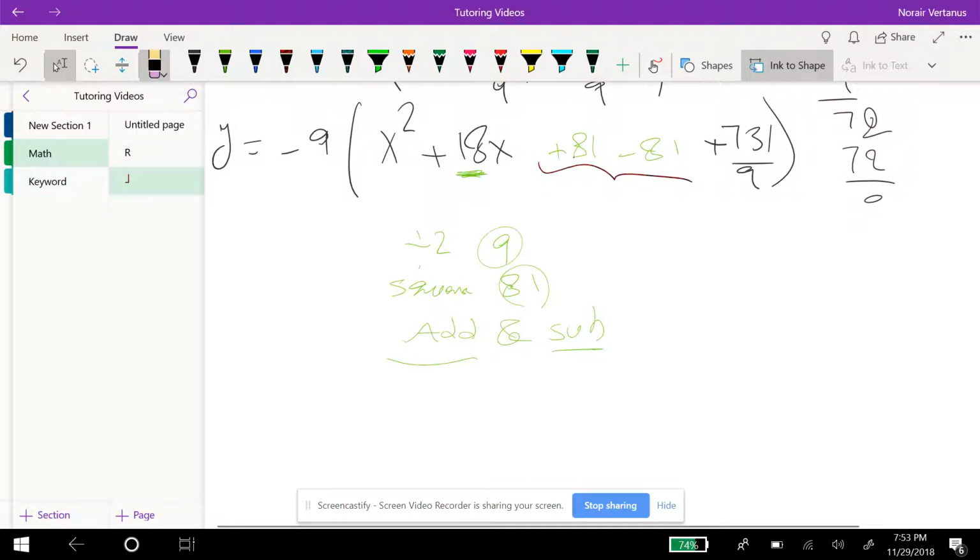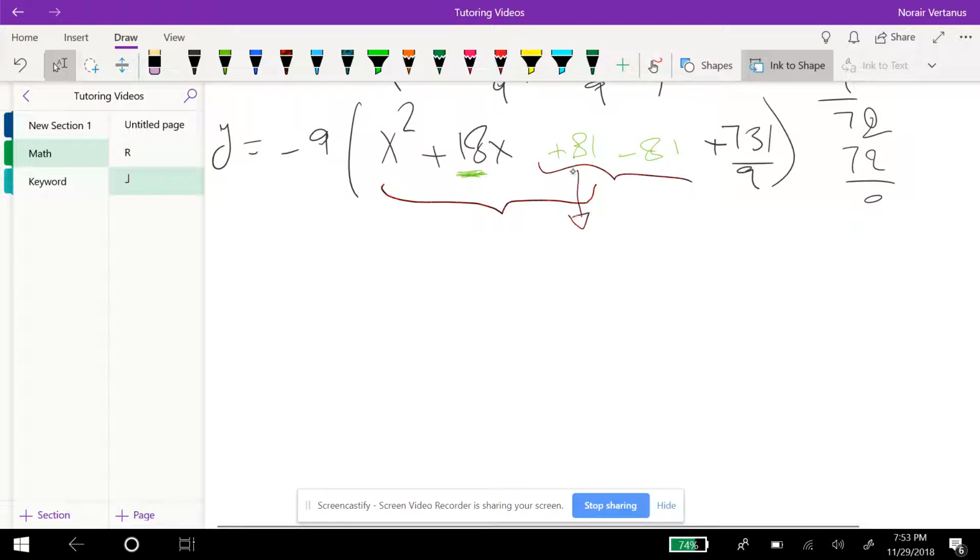Why I did that? Because now, let me erase this. Okay, it's like that. Because these three become a perfect square form. It can be factored into perfect square form. Square root of 81 is 9. Square root of x squared is x.